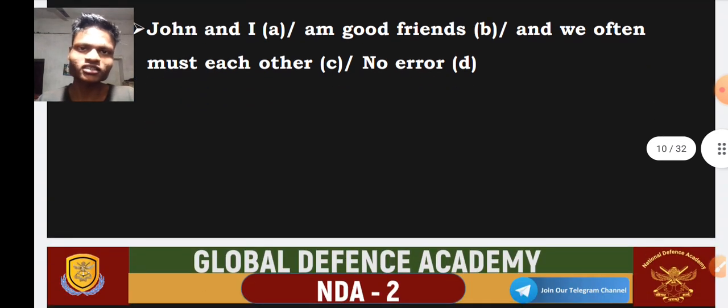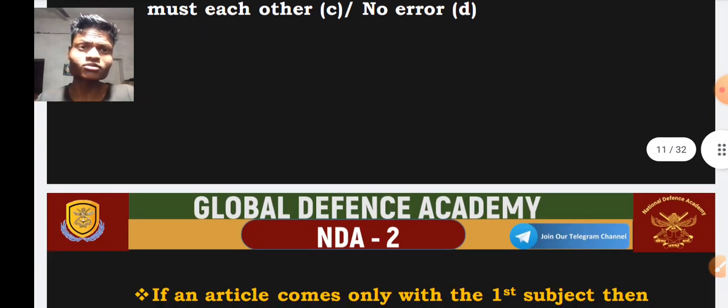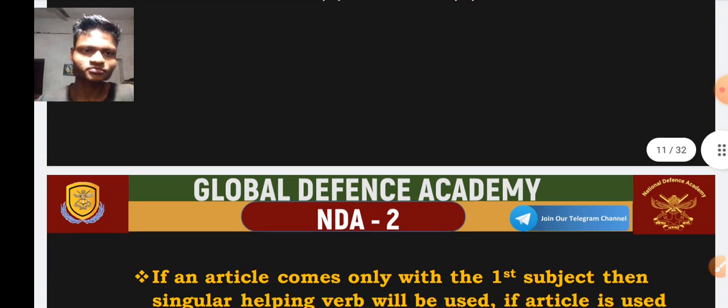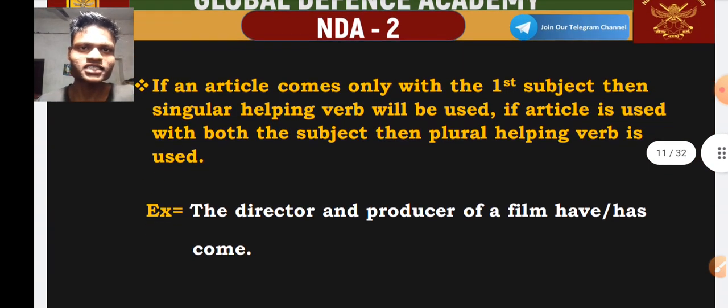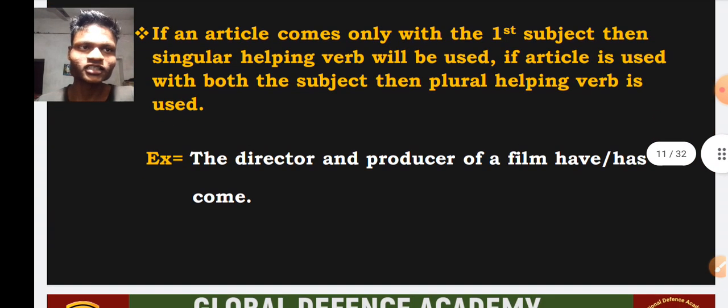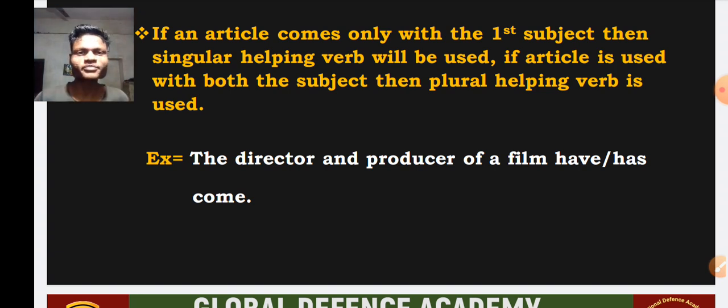And these are all questions related to the previous rules as I mentioned, and another important, most important concept related to subject verb agreement is given to you.